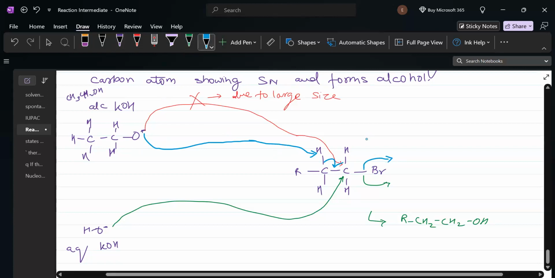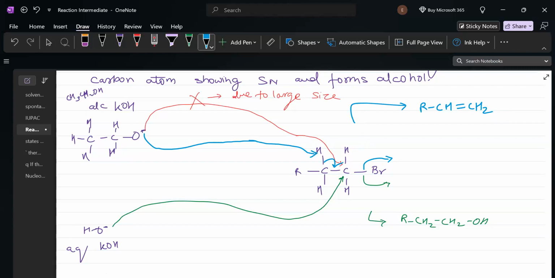Finally, RCH double bond CH2 will form, because this bromine has left and this hydrogen is removed. Thus, this double bond has been formed.